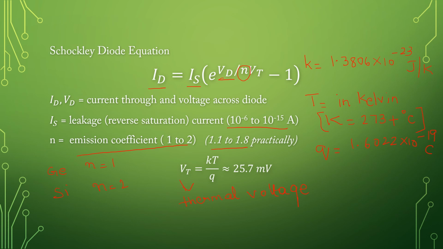If we calculate at a temperature T equal to 25 degrees Celsius, we get Vt as 25.7 millivolt, which is almost constant.